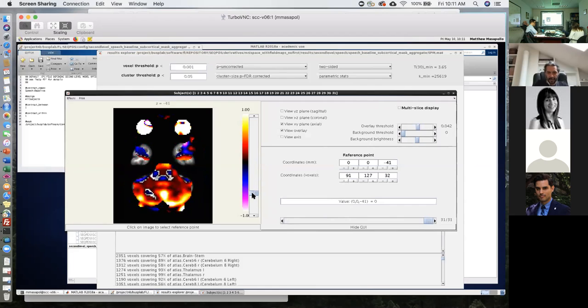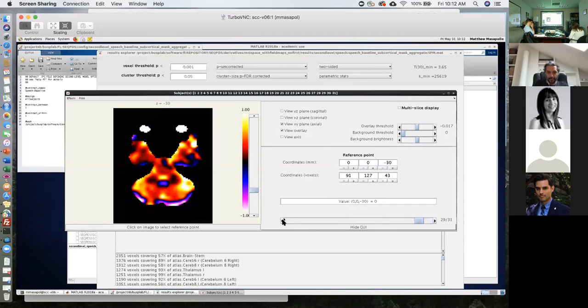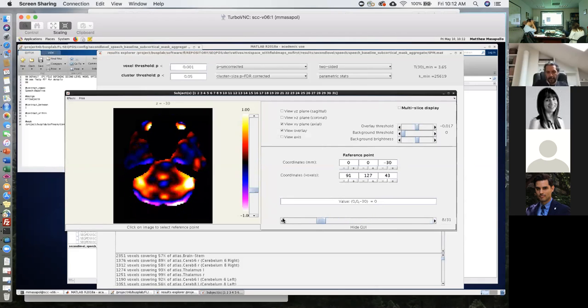Let's see if I can see it in this place. Okay, so this is a little bit exaggerated, right? Because I'm not finding the subtle thing easily displayed.